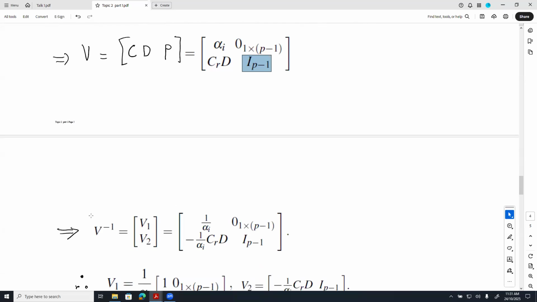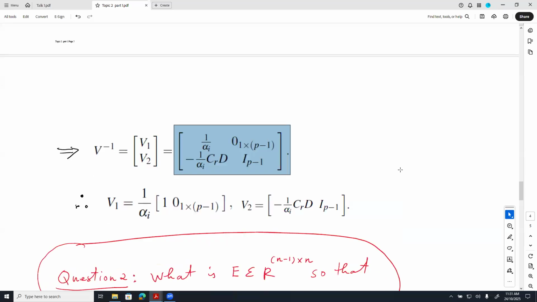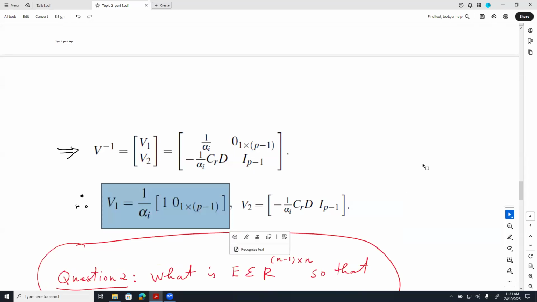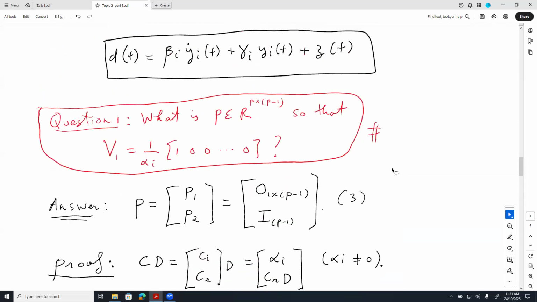All right. So the inverse of matrix V, we express it in terms of V1 and V2, and we can easily obtain that analytically, which is this expression here. Now, from this expression, the inverse of a metric V, we can extract V1. There you go. It's actually in the form that we want it to be.